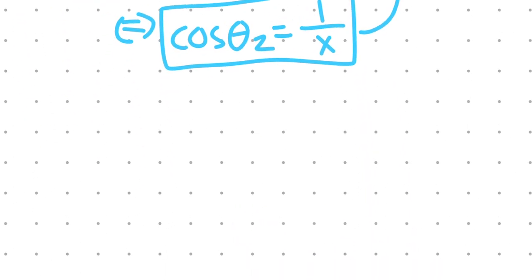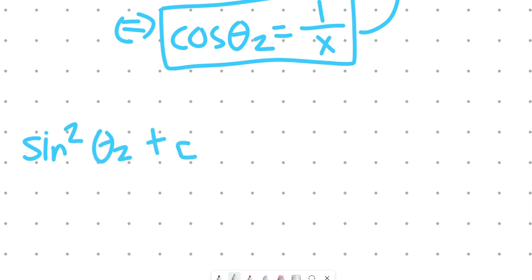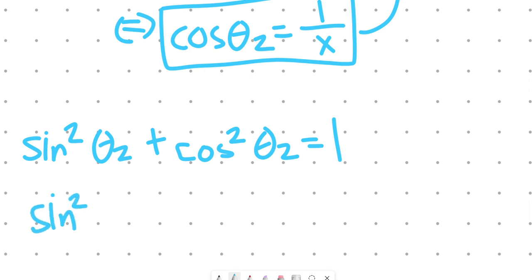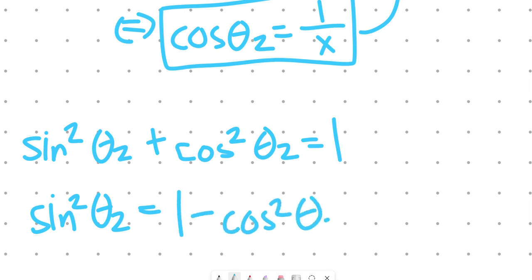So we have an expression for cosine of theta 2. Now we want an expression for sine of theta 2, given that we already know cosine of theta 2. How can we express sine of theta 2 using cosine of theta 2? Of course, very easy. We know that sine squared theta 2 plus cosine squared theta 2 is equal to 1, which means if we subtract cosine squared theta 2 on both sides, we get sine squared theta 2 is equal to 1 minus cosine squared theta 2.